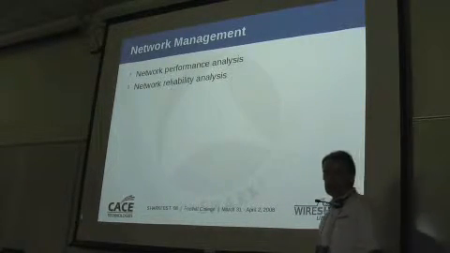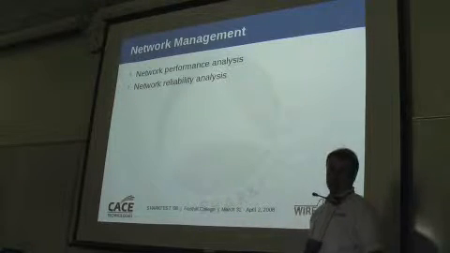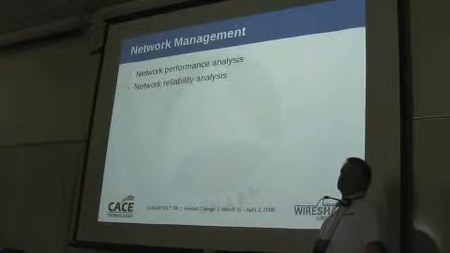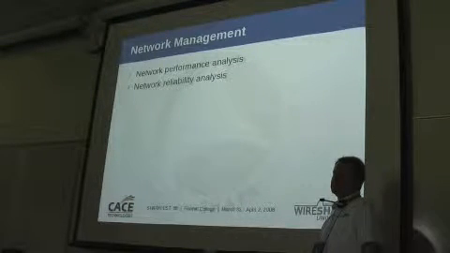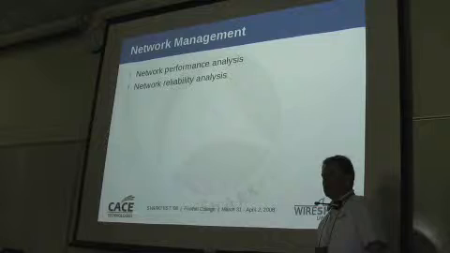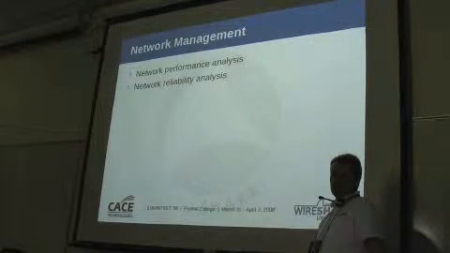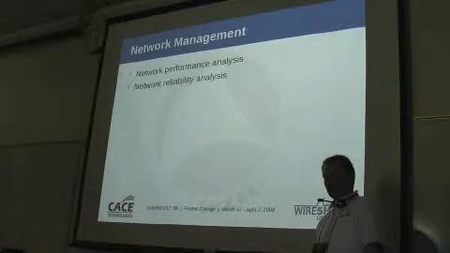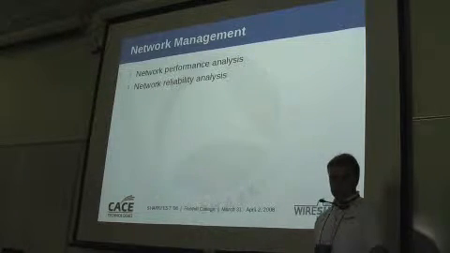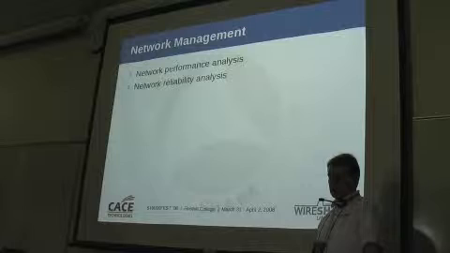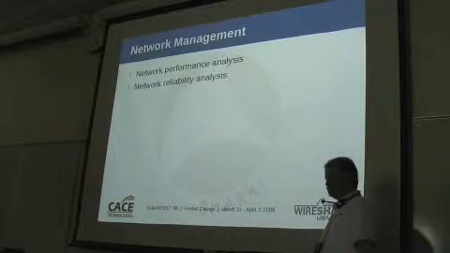And then just generally network management. Here we talk about network performance analysis, and we think of, the network was very slow yesterday morning at 11 o'clock. What happened there? You can go back and look at the traffic. Is it an ARP storm from some misconfigured workstation?